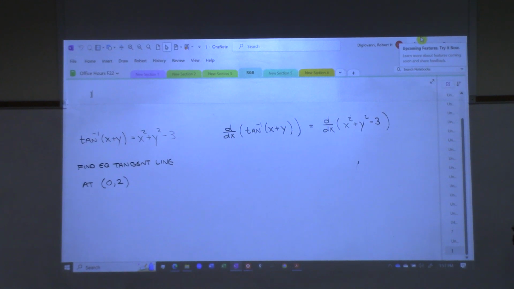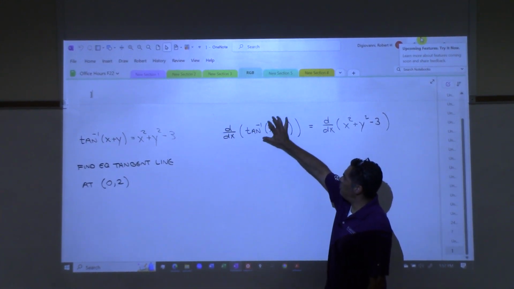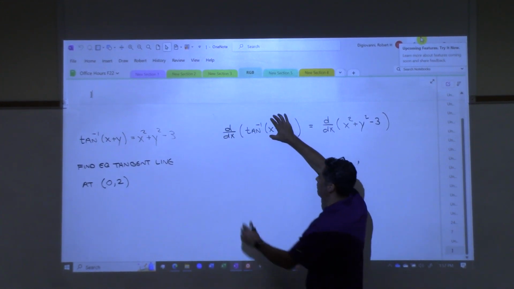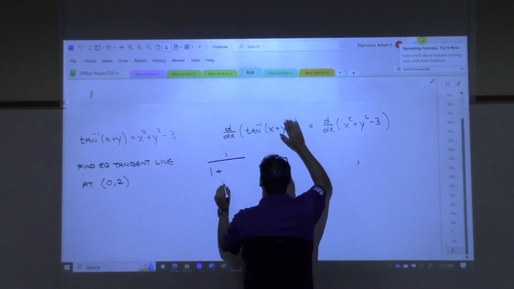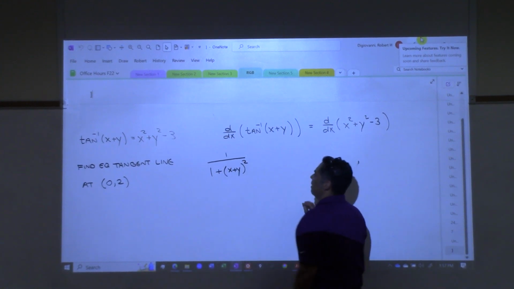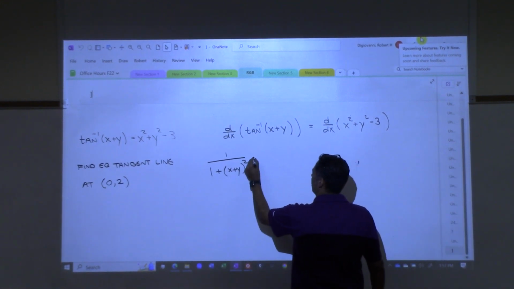Now we're going to just play the same game we've been playing. Y'all see that we have tangent inverse of something, right? So the derivative of that would be 1 over 1 plus (x plus y) quantity squared, right? That's the derivative of our tangent inverse of something: 1 over 1 plus that something squared times, good, the derivative of what was in here.